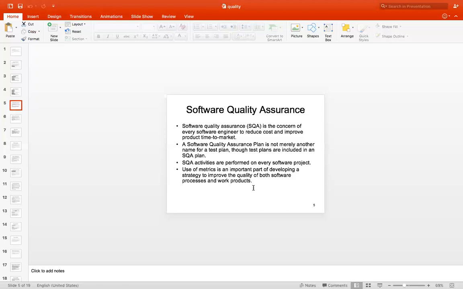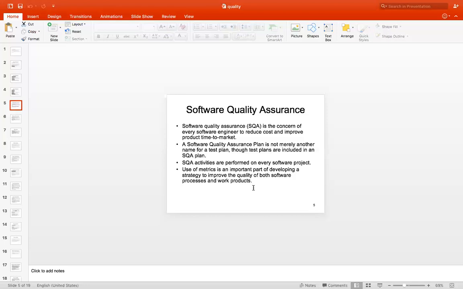So how can we do this software quality assurance? We already discussed in unit number 5 that for each and every phase we have a few metrics. We have metrics for testing, we have metrics for maintenance, we have metrics for each and every phase.